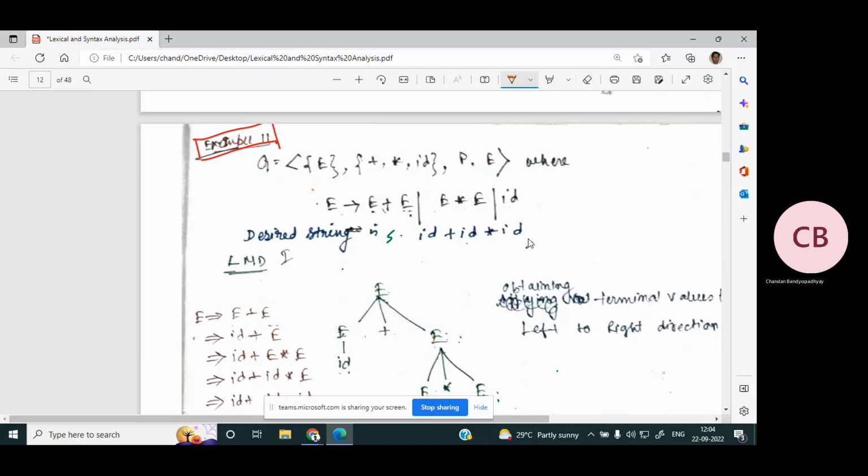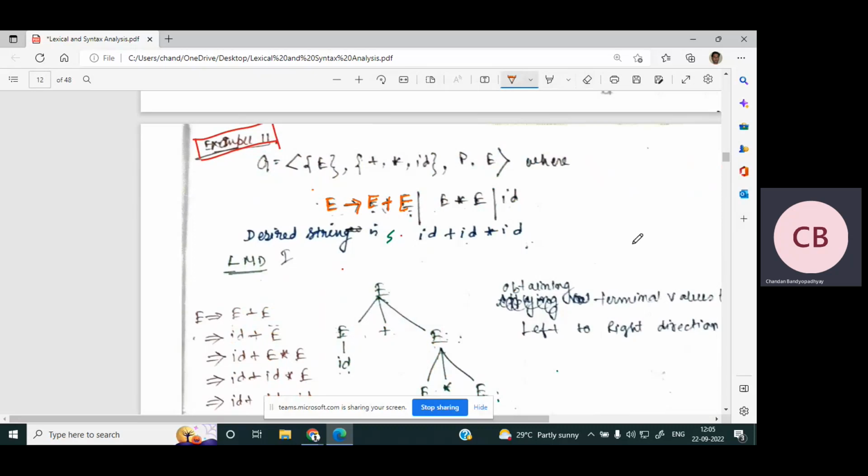Now, here, this is a variable E. It is generating two variables, E to E star E. When I'm expanding E, it is generating ID or can generate E to E star E. Correct. These are the productions. Now, what is our objective? What is the shortcut way to find out whether a grammar is ambiguous or not?